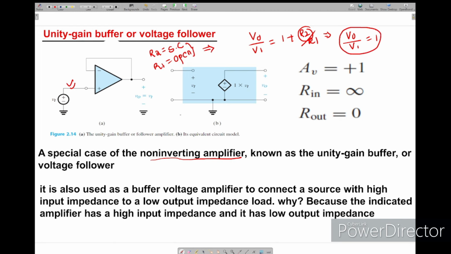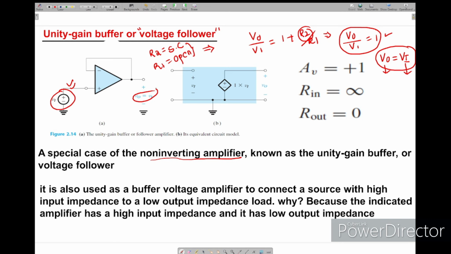So V0 equals Vi, and the conclusion is the output voltage follows the input. That's why we call this the voltage follower. Whatever input you apply here, we get the same output here.